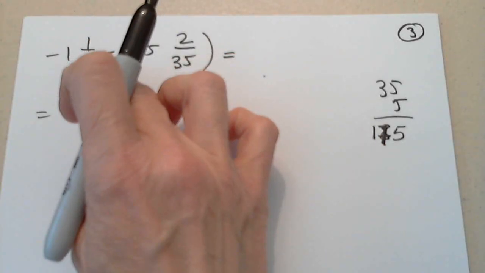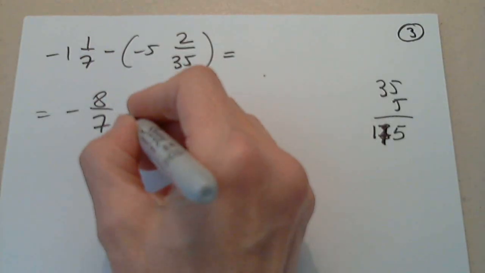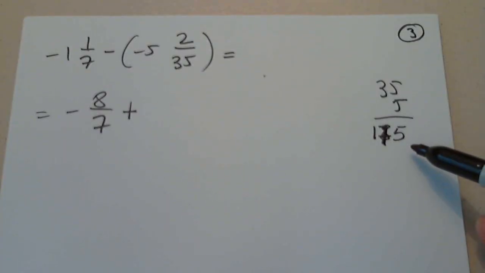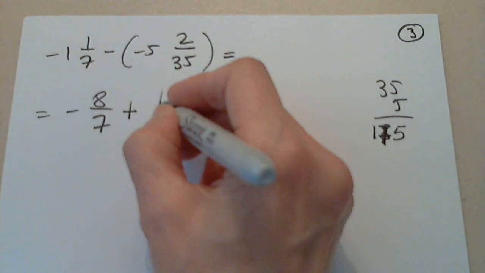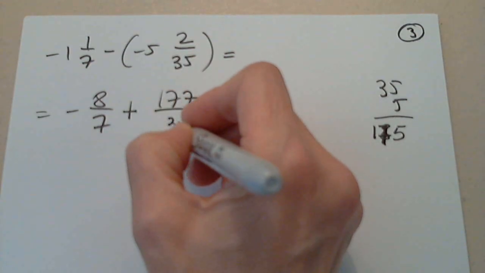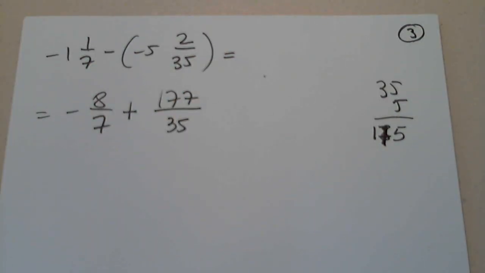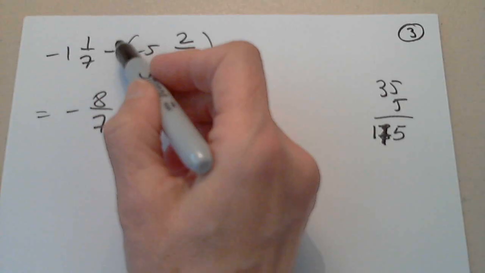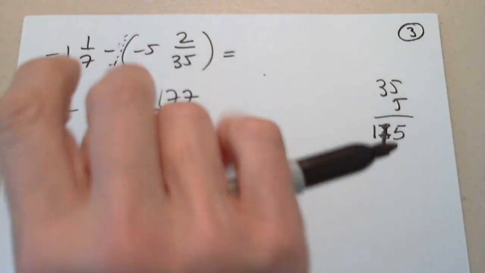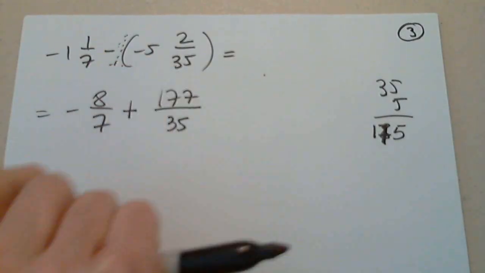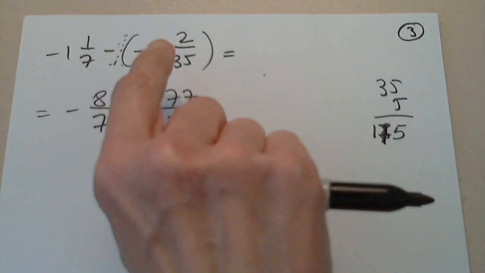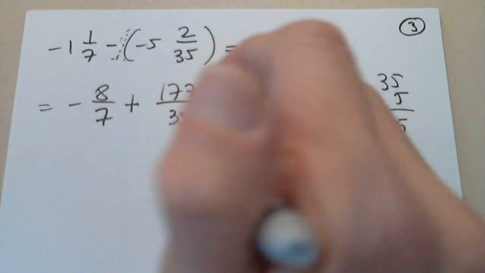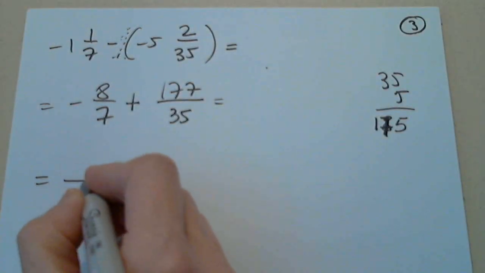So the opposite of a negative number will become positive. And what we got is 175 plus 2, which is 177 over 35. So far, so good? So remember, there is an imaginary -1, or you say the opposite of a negative number, or you say negative times negative is positive. At this point, it's still an easy situation.